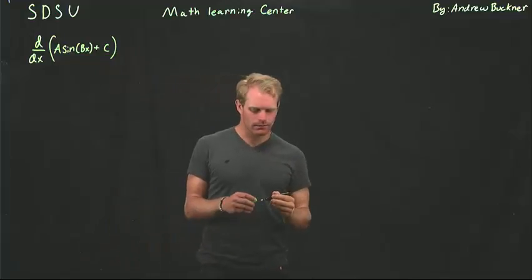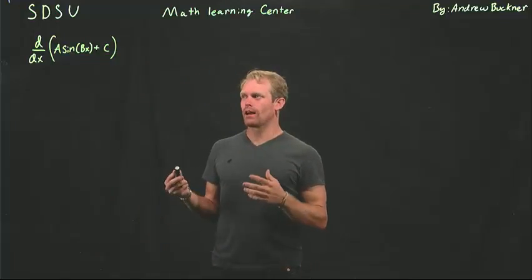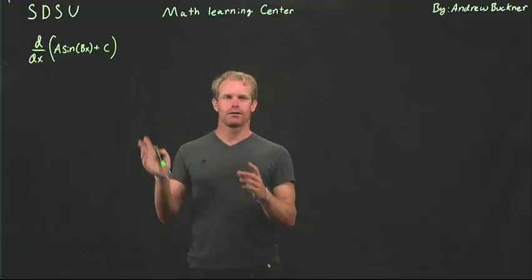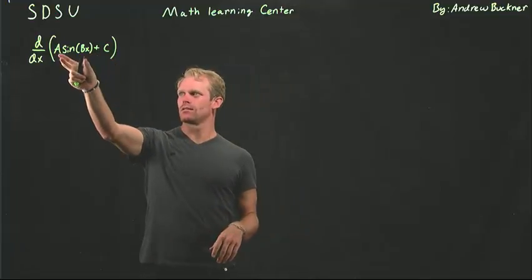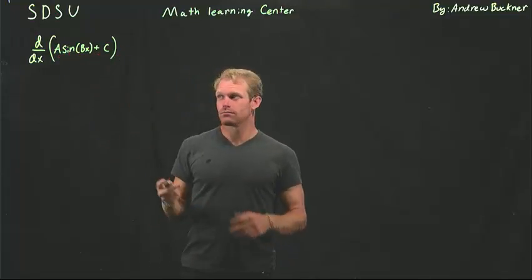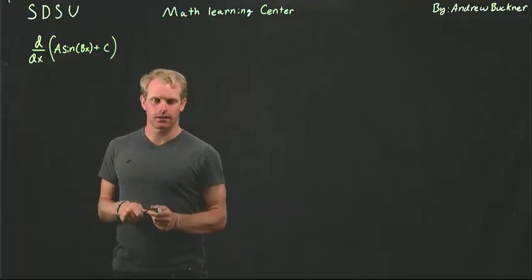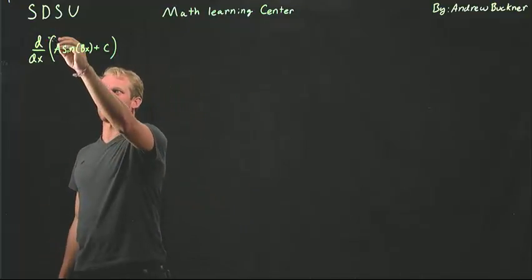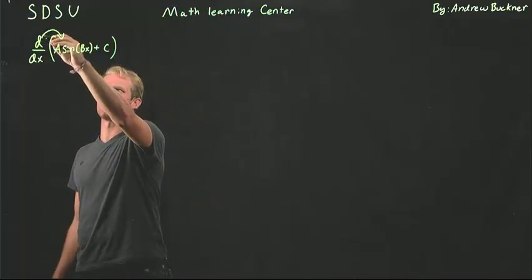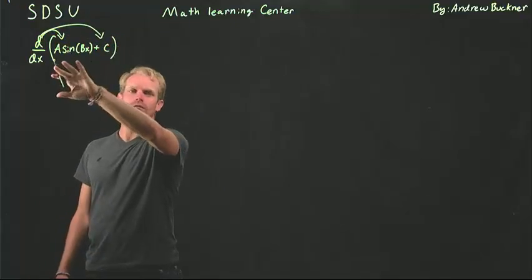When I see something like this, I can see I've got almost a binomial, where I've got something being added to another something. So what I can do is distribute the derivative, even though we're not multiplying, taking the derivative of both of these terms.